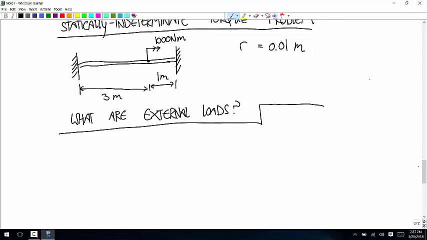In general, for a complicated problem, you don't know just from looking at it whether it's statically determinate or not. You just come up with the equations, and if you have enough equations, you're done. And if you don't, you need to go on and use the deformation stuff. So first, the statics.